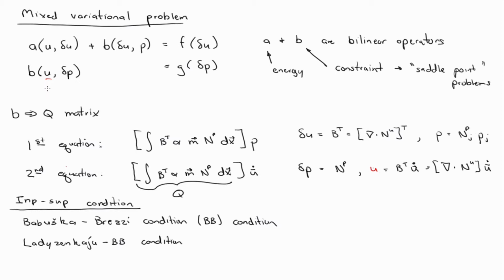I'm just giving you the interpretation of what, if we say that our bilinear operator is this, then u and del p in the second equation and the first equation are these things coming from this. So I'm going to write it down in a second. I haven't shown you what it is. But this is a very celebrated result in finite elements.